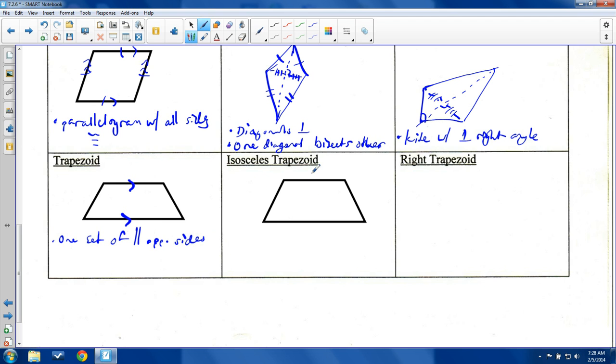Okay, isosceles trapezoid is a trapezoid with congruent non-parallel sides. Okay, so those two.